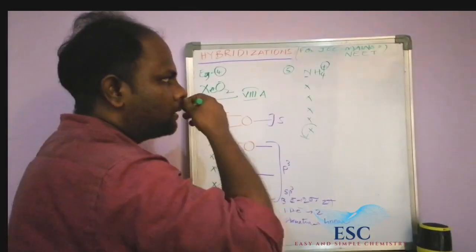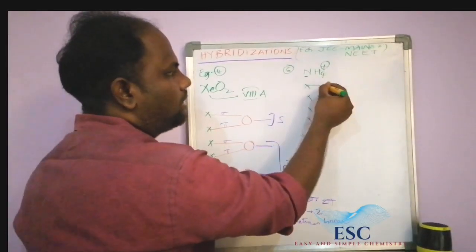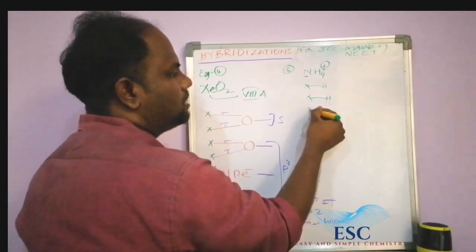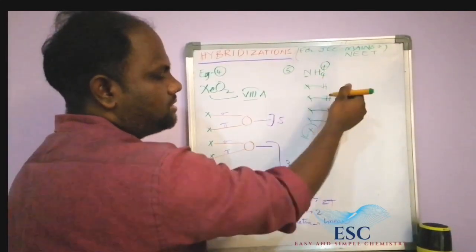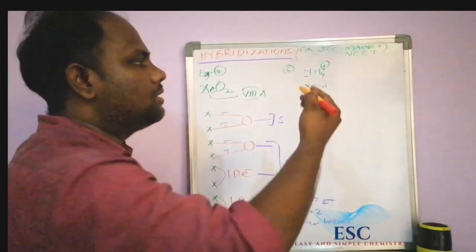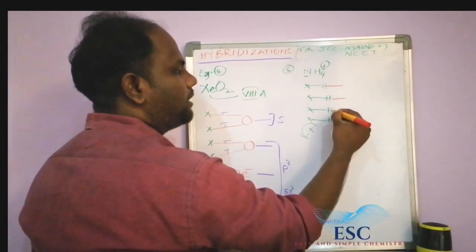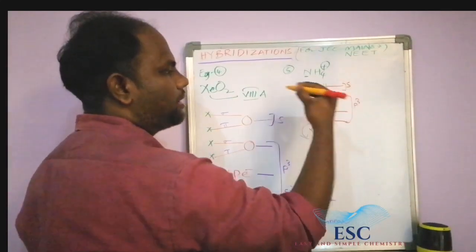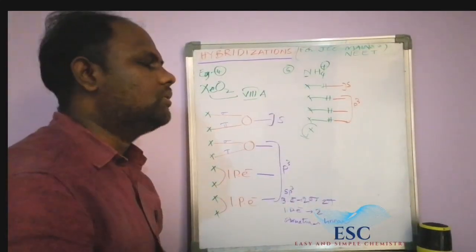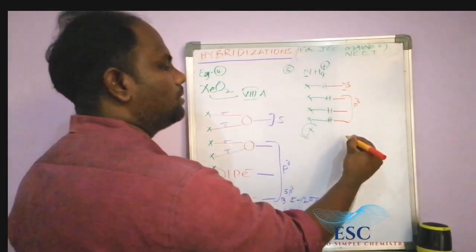Hydrogen, hydrogen, hydrogen, each with a cross mark. The plus charge means removing one cross mark. How many hydrogens? 4 hydrogens. sp3 hybridization.